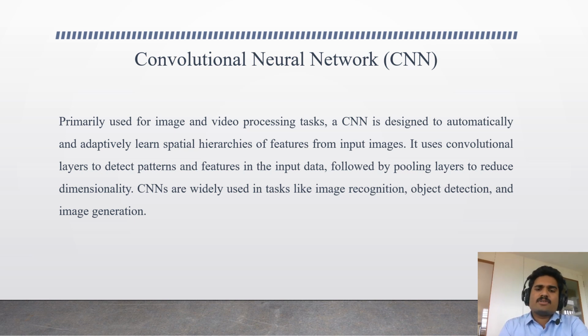CNNs are widely used for tasks like image recognition, object detection, and image generation. So CNN is used for image-related purposes or video processing. For face recognition, we put in the image and get as output which group it belongs to. These tasks are done by CNN.